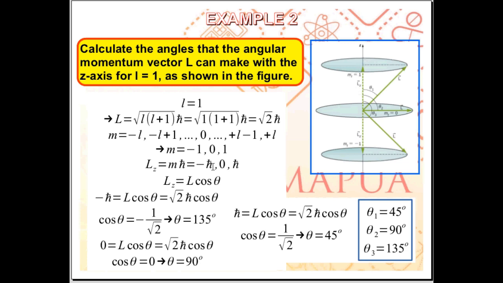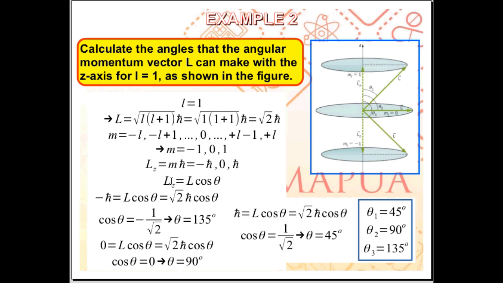Since Lz is the z component of L, from the figure we can use Lz equals L cosine theta. Here Lz is adjacent to angle theta, so cosine theta is adjacent over hypotenuse. That gives you Lz equals L cosine theta.